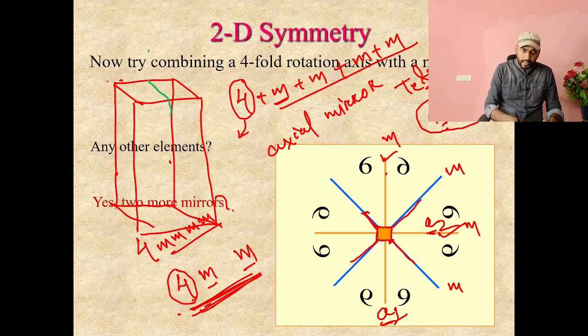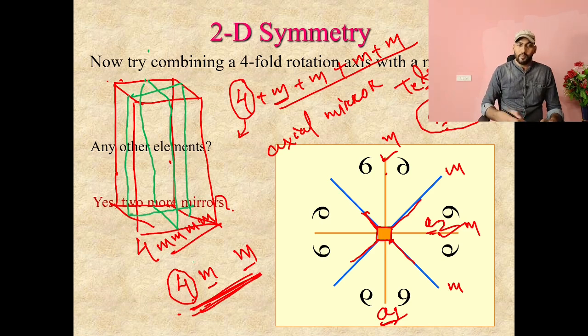This is one axial mirror plane and this is another axial mirror plane. One mirror plane contains the A1 axis, another mirror plane contains the A2 axis. So these two mirror planes are axial mirror planes.